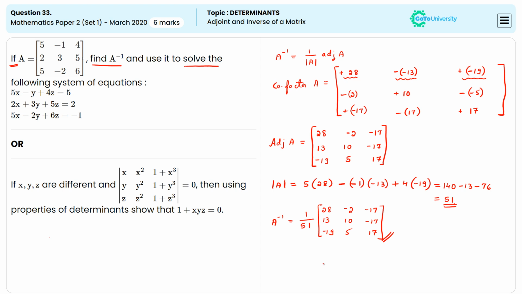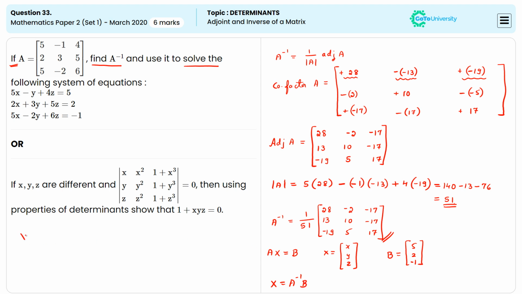So I can say it is of the form AX is equals to B, where X is going to be x, y, and z, and B is equals to 5, 2, and minus 1. With this, I can take X is equals to A inverse of B.